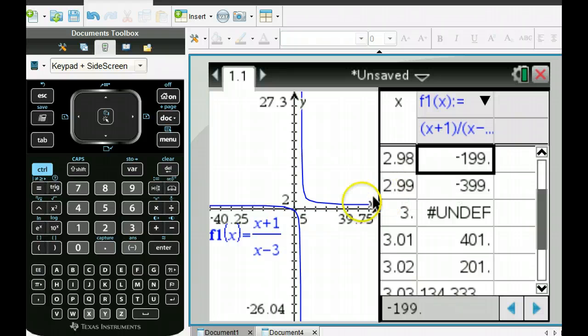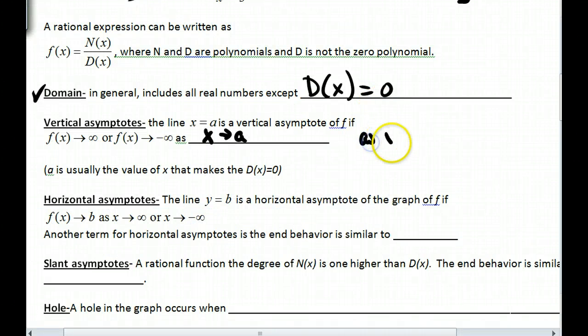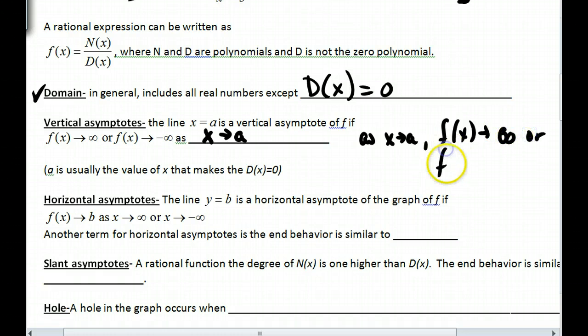What happens as my x approaches 3 from the right side? Well, as x approaches 3 from the right side, I'm going to approach positive infinity, and that's the y values going up here. So you can zoom in on that and see what the behavior is like. So I should say as x approaches a, then f of x approaches positive infinity, or f of x approaches negative infinity.